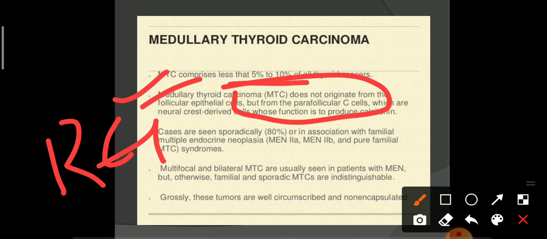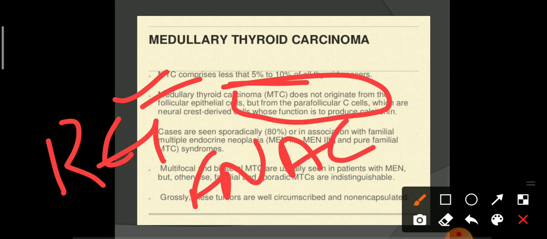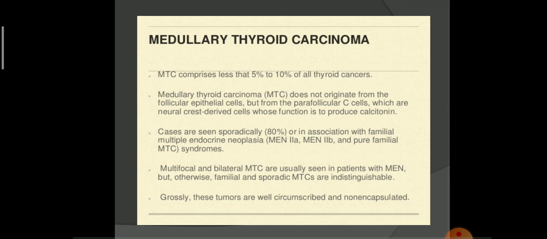It depends upon the serum calcitonin levels. It does not take up radioactive iodine. Diagnosis includes FNAC and the treatment includes total thyroidectomy. The prognosis for this medullary carcinoma is also very poor.